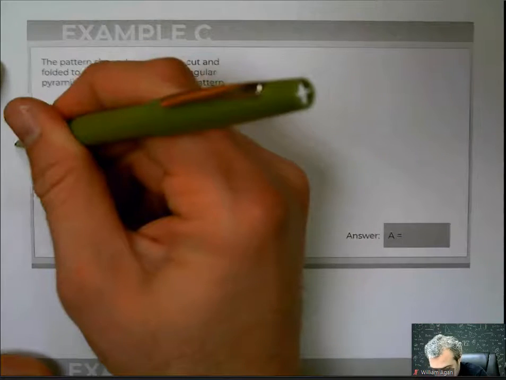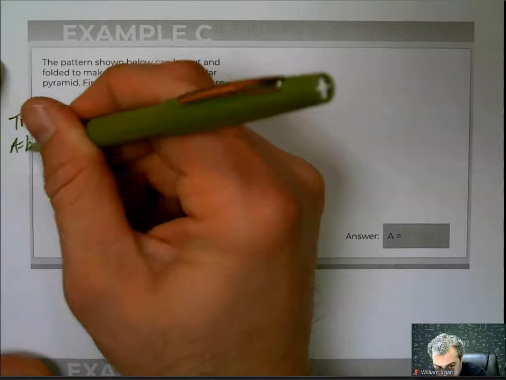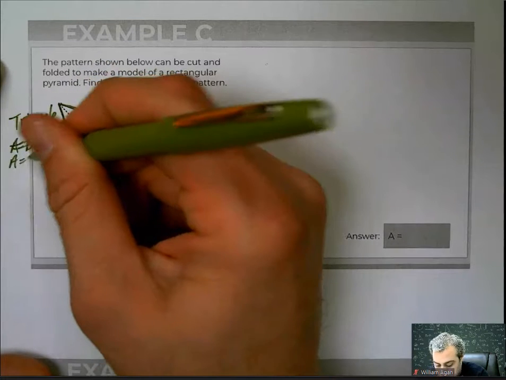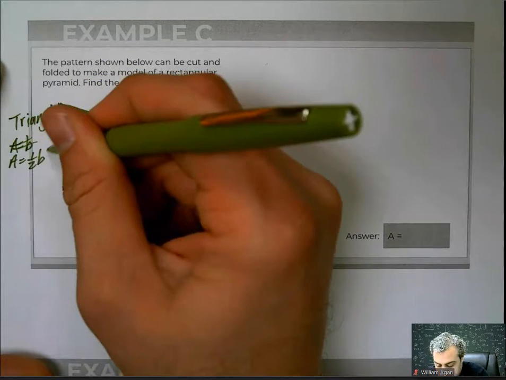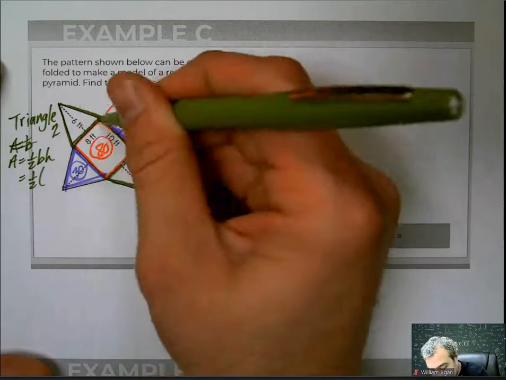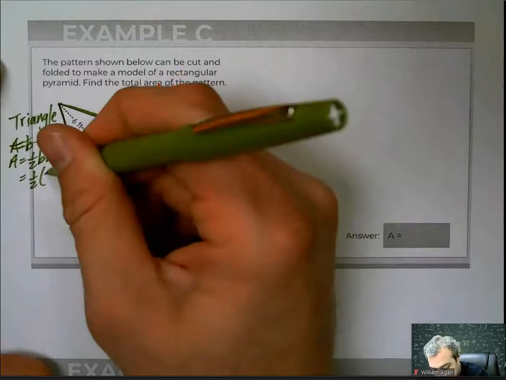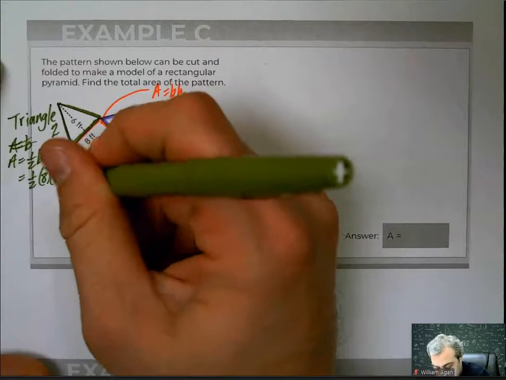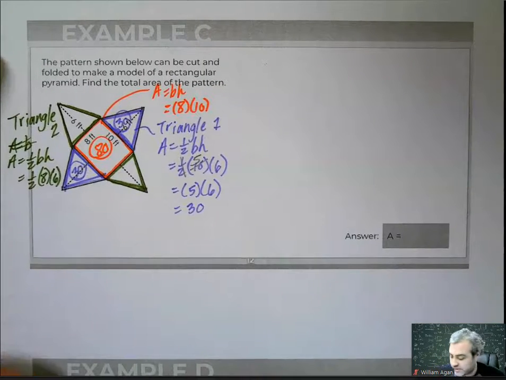Okay, so it's still the same formula. Area equals 1/2 times base times height. So that's 1/2 times the base of this one is different. It is 8. And the height is 6. Okay, at that point, I want to get rid of that fraction.